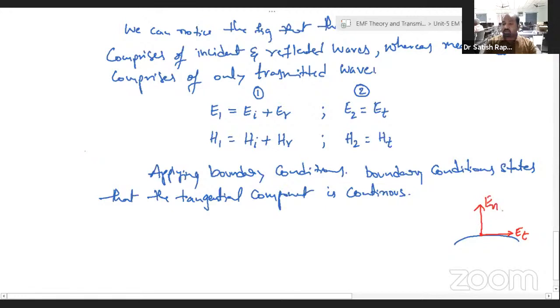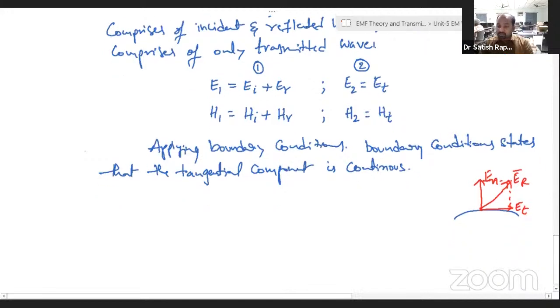And the resultant electric field is this one. The tangential component may be in x direction, normal component may be in y direction, whatever it may be. I'm not considering coordinates here.